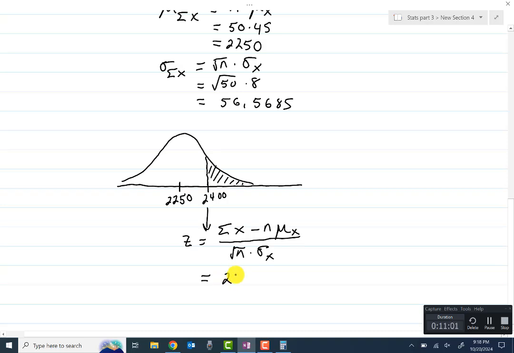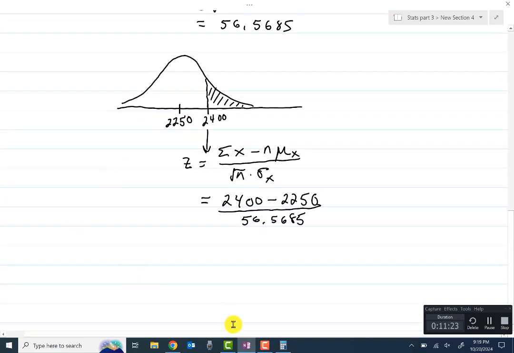We're looking at 2400 minus n times mu x, that's 2250, divided by 56.5685. Let's go ahead and calculate that with the machine.